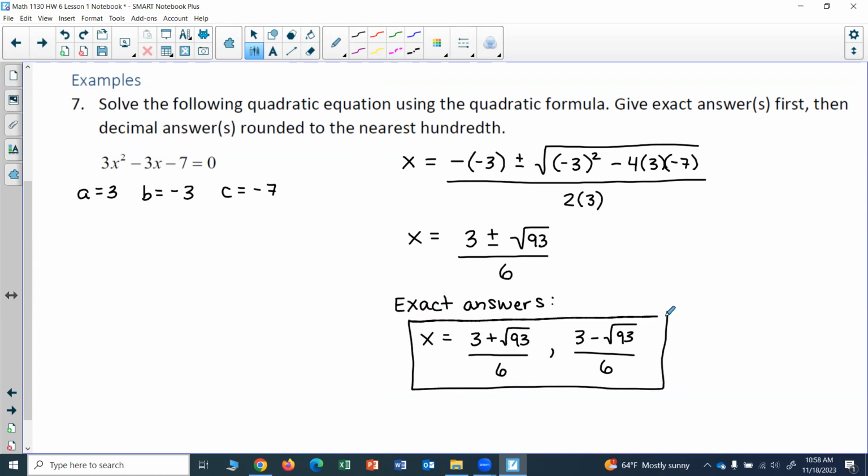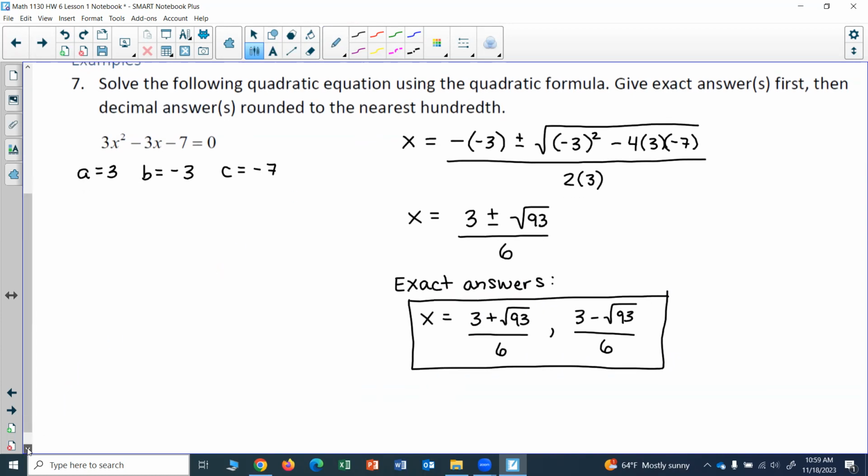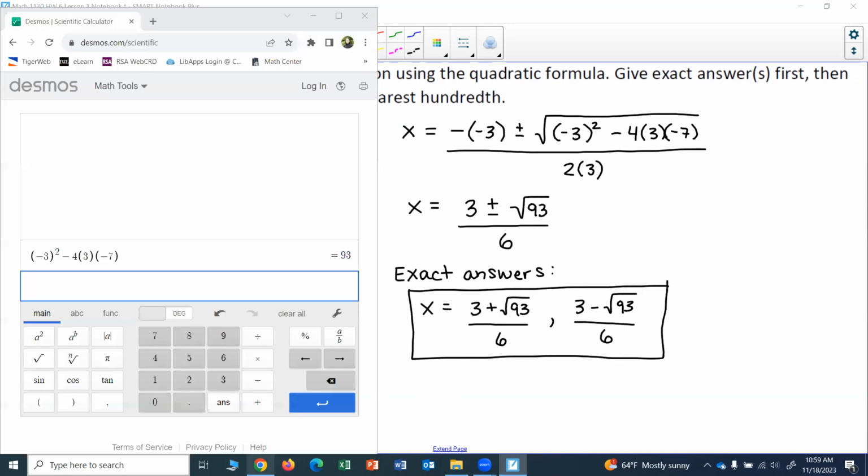And then if the question asks you for decimal answers rounded to the nearest hundredth, what you have to do is put that into your calculator. So I'm going to go ahead and do parentheses, 3 plus square root of 93, close the parentheses so that the calculator knows that entire expression is your numerator, and then divide by 6.